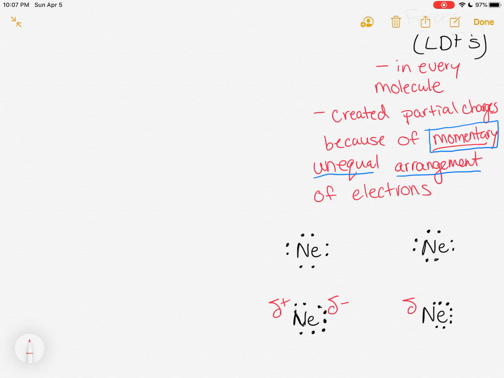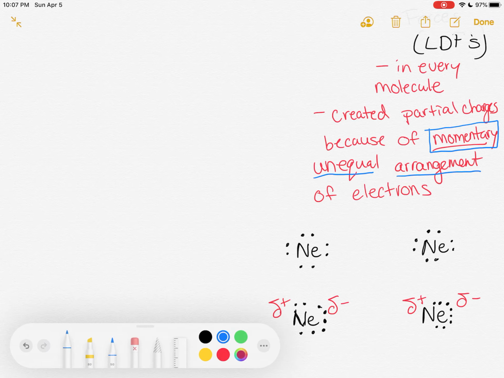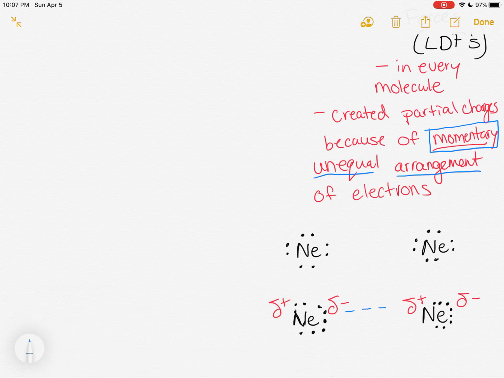And the same thing is true on our second neon atom. So now we have a neon atom that has a partially negative side and another neon atom that has a partial positive side. And so then they can be attracted to each other. That's our LDF.